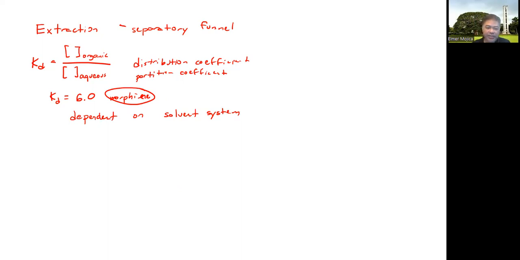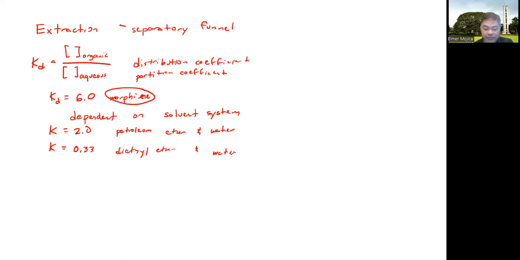So let's say if the K value of, say, still morphine in petroleum ether and water, okay, and then let's say the other one, it has a K value of 0.33 in diethyl ether and water.